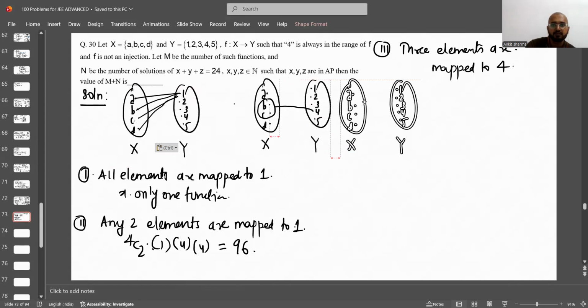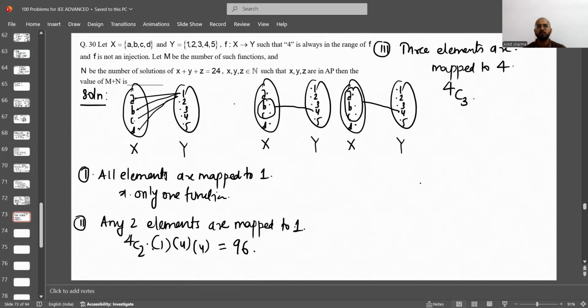Out of these 4, we will select any 3 elements and map them to 4. Then D has again 4 choices, 1, 2, 3, 5, which means from here I get 16 functions.